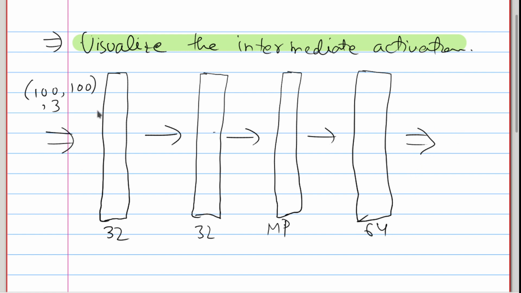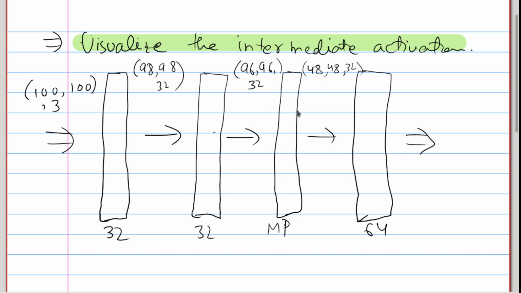As soon as you push this data in, it will be converted to 98, 98, 32. And then after this one you will get 96, 96, 32. And then after this layer, as you can guess, we will get 48, 48, 32.